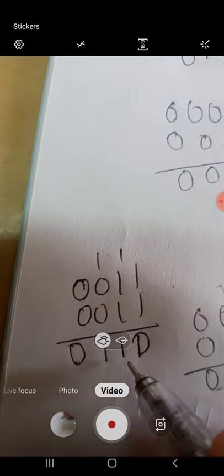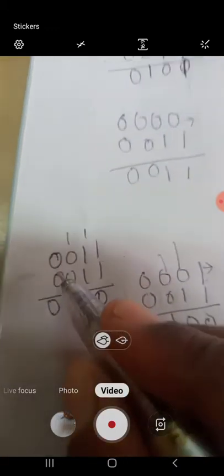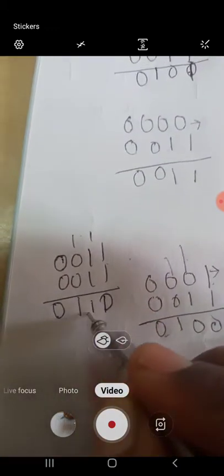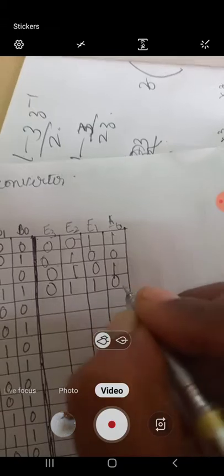Again 1 plus 1 plus the carry, so again 1 and carry 1. I hope you can see this. So this is 0 1 1 0, and I am going to place it over here: 0 1 1 0.